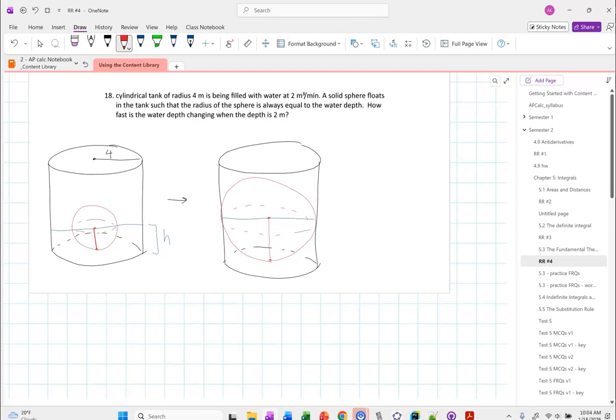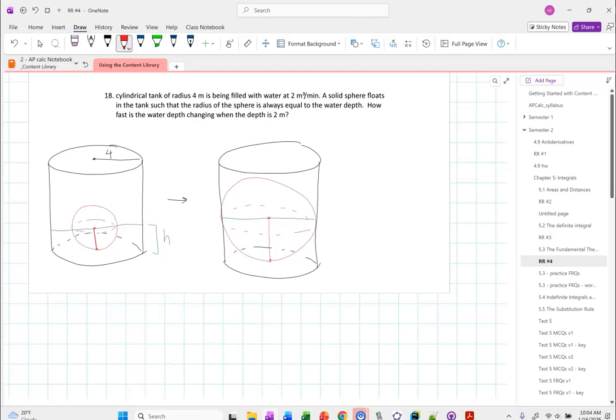Now, if you imagine, it's quite likely that at some point this sphere is going to burst through the tank. So if you're not careful and you pick the depth of the water to be whatever, you can get a nonsense answer out of this, most likely.